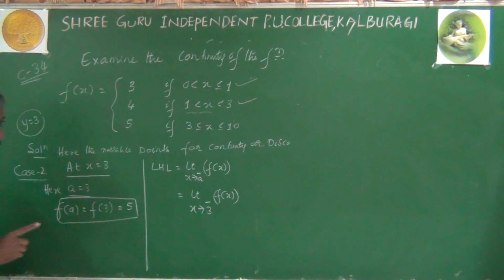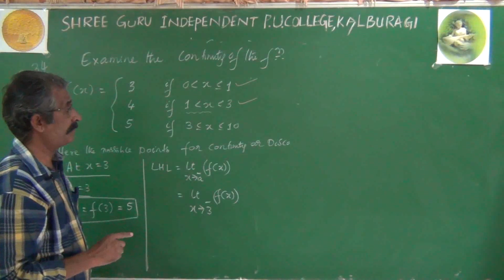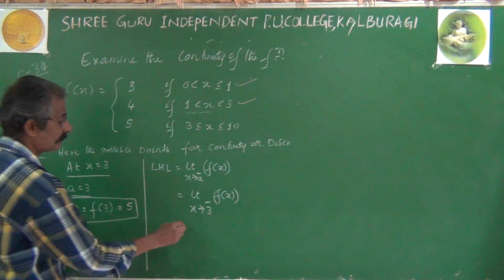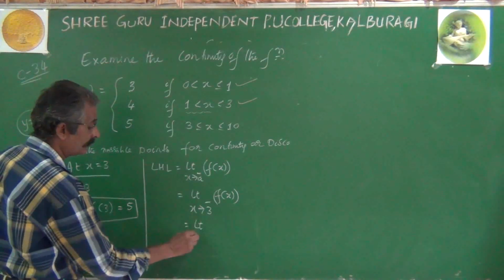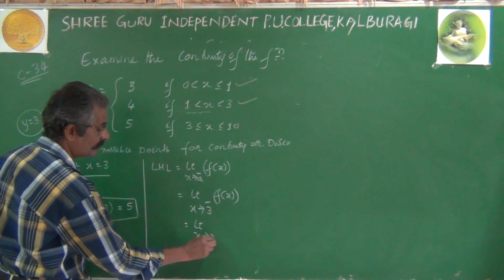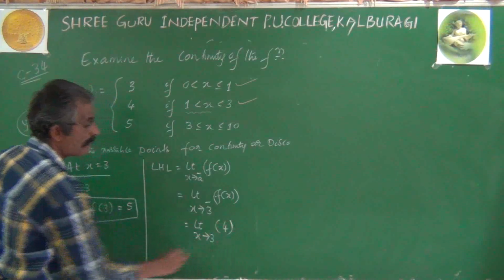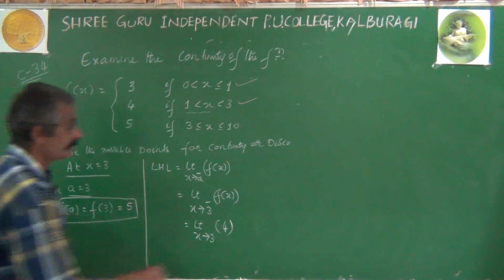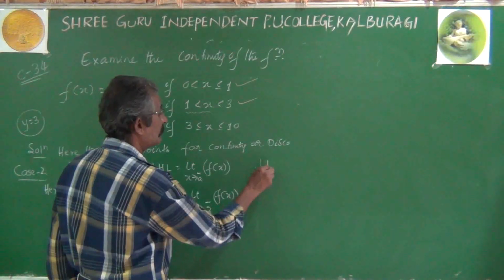The meaning of 3 minus is that x is less than 3. When x is less than 3, the function value is 4. That is limit x tending to 3 of 4. Further, the limit of a constant is constant, so LHL equals 4.